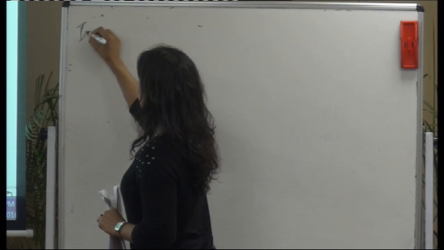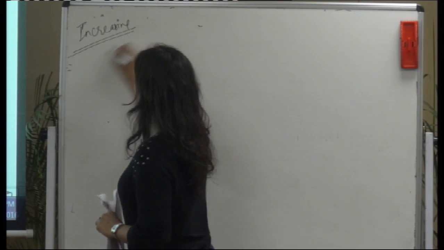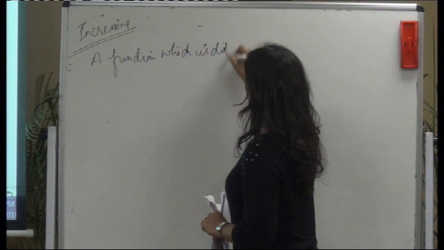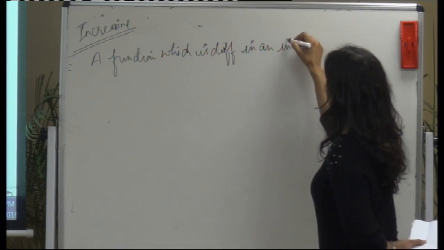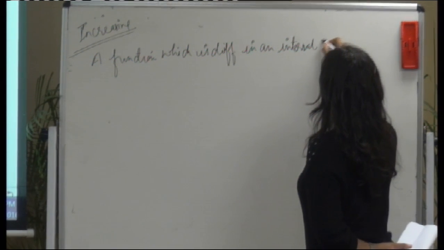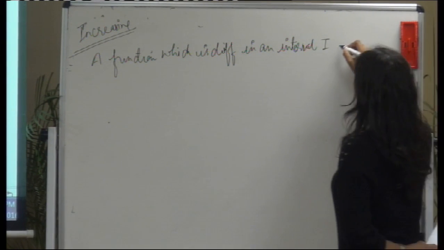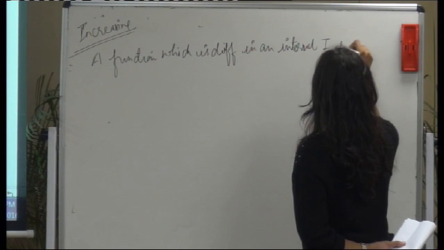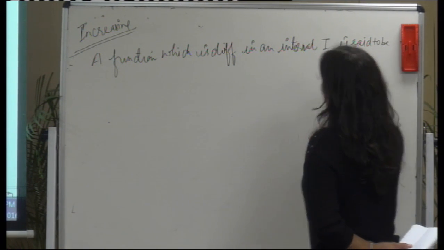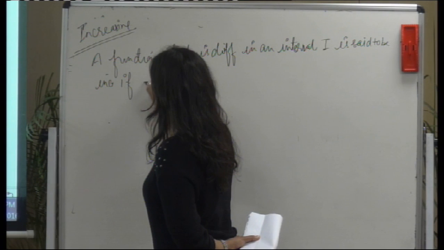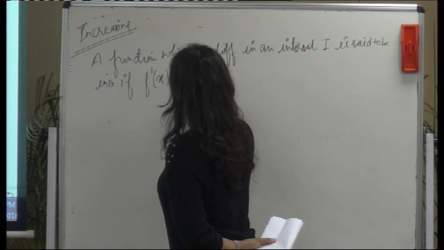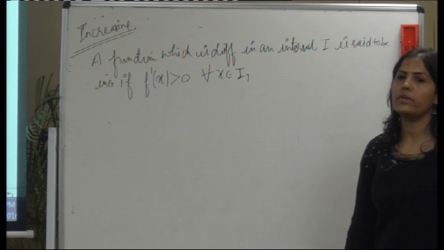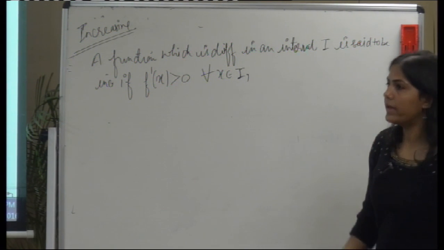For increasing: a function which is differentiable in an interval I, I'm taking it as I, I'm not specifying it, in an interval I is said to be increasing if f'(x) is greater than 0 for all x in I. Okay, derivative should be greater than 0.